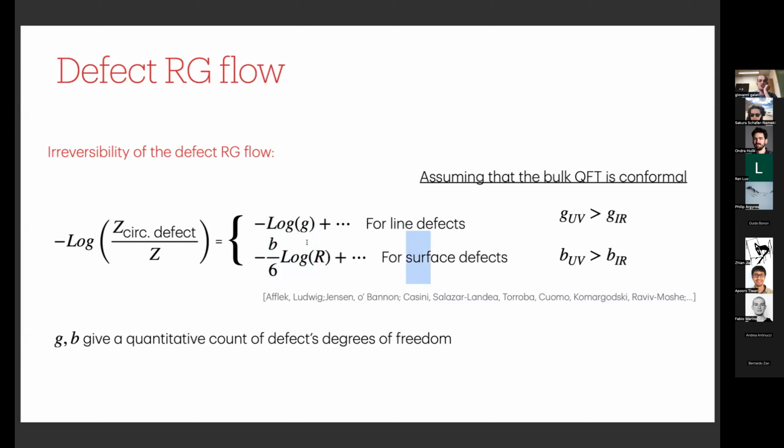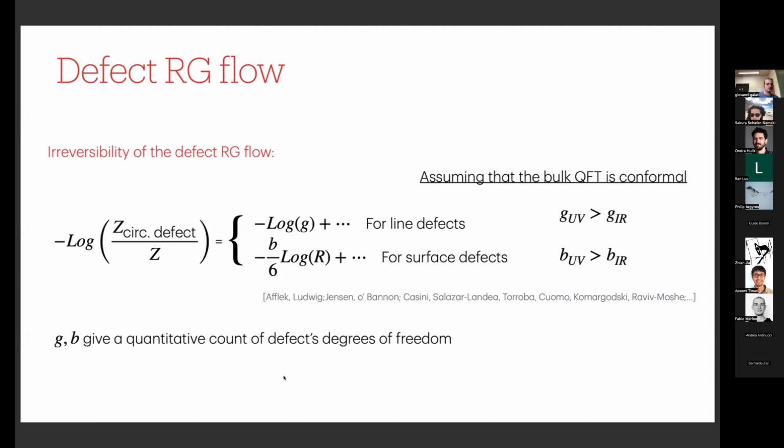These are the so-called g and b functions. One can prove that these g and b functions decrease along the RG flow, and in particular, their values in the UV, which one can easily compute from the Lagrangian, are always bigger than the ones that we get in the IR.